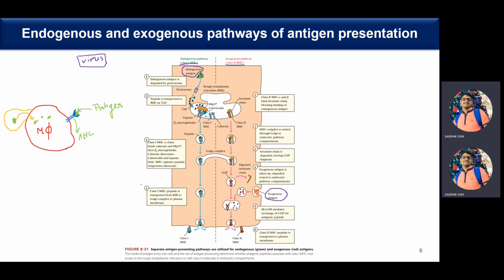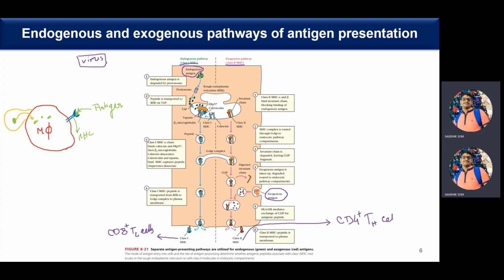Class 1 MHC presents antigen to the CD8 plus cytotoxic T cells, whereas class 2 MHC presents to the CD4 plus T helper cells.